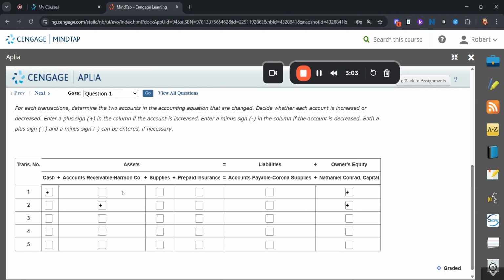And one of the reasons why this is considered still an asset, even though it hasn't technically been received yet: say hypothetically that bill never gets collected, that account can be sold to a debt collection agency for something.